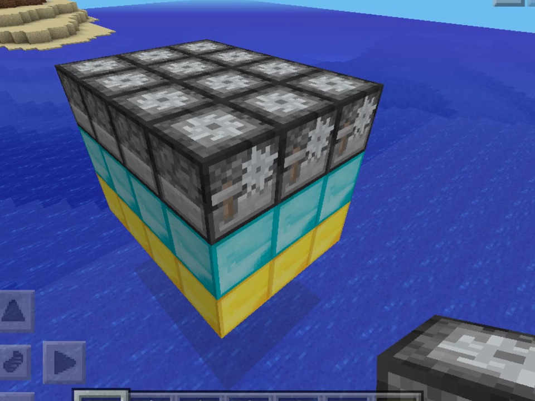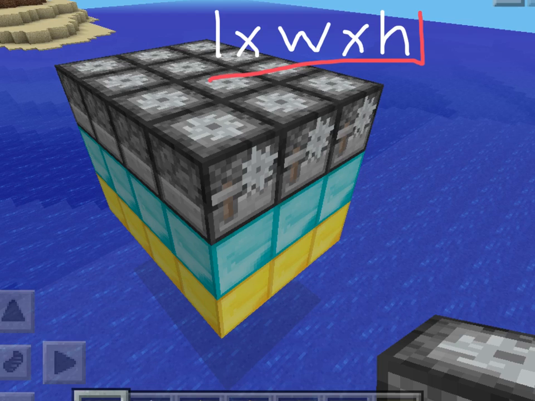So what I've really done is I've taken the width and the length, multiplied them together, and then multiplied that answer by the height. So what I have right here is a formula that I can use to help me. I take the length and the width and find that multiplied by the height, or simply length times width times height. Let's try it out.